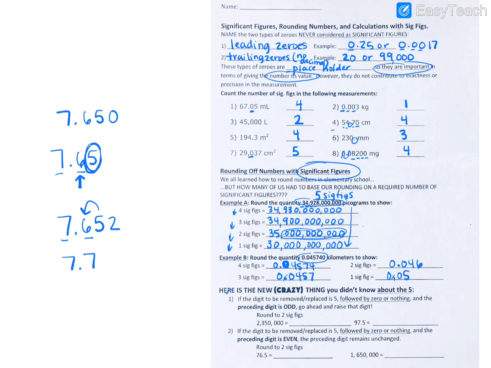So if you're trying to round a number, okay, so let's say I'm trying to round this to 2 sig figs, all right, and this digit is followed by an empty 5, which can look like this or this. This is not an empty 5, okay? Right here, this 5 is actually followed by a digit, okay, which gives it support, which allows it to actually move this digit up, okay? Now, an empty 5 cannot advance an even digit.